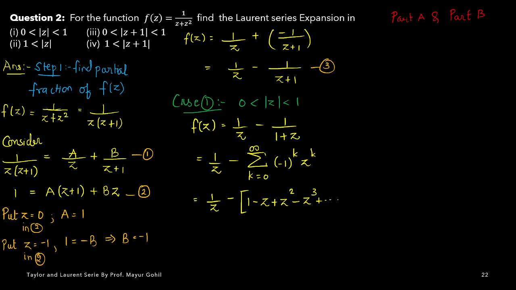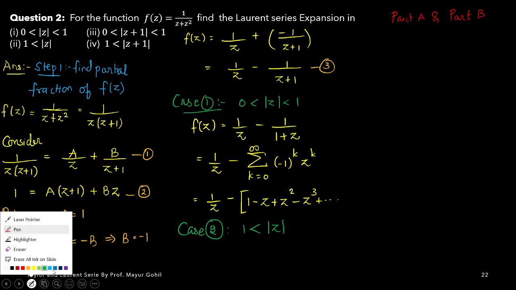Now let us see case number 2. Case number 2 is very important, and we will understand now how to handle such a case. Case 2 says 1 is less than mod z. Remember one very important thing here, that we have to make everything less than 1.